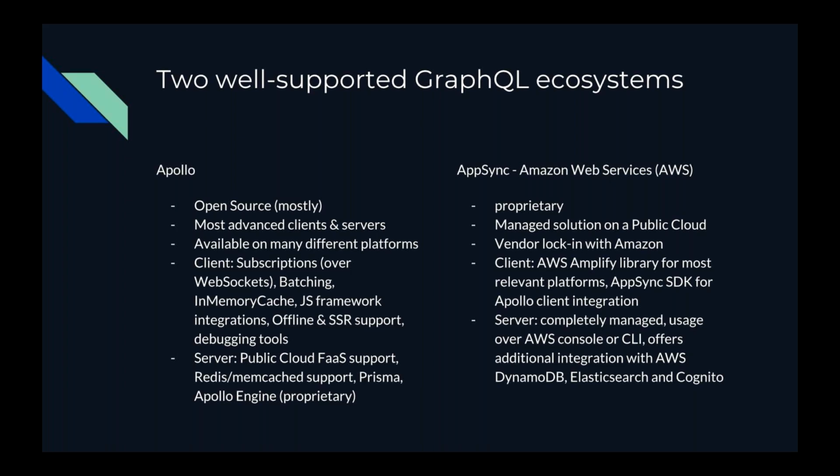And there's also great debugging tools available for Apollo that I will also show in a minute. And on the server side, there's official support from Apollo for most function as a service from the public cloud vendors like AWS Lambda and Azure Functions and Google Cloud Functions.